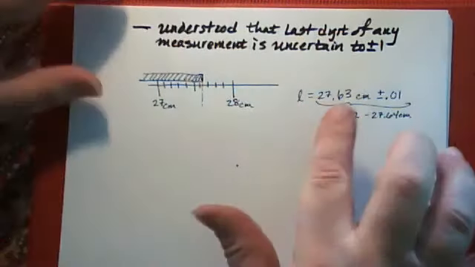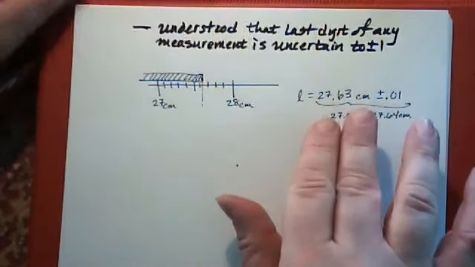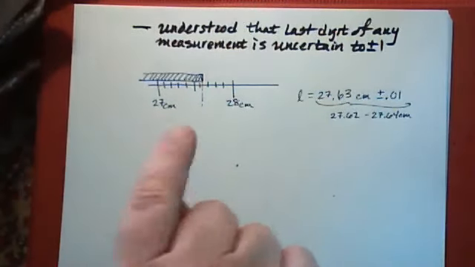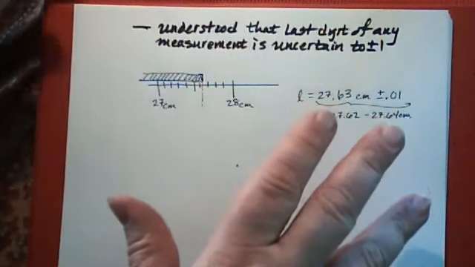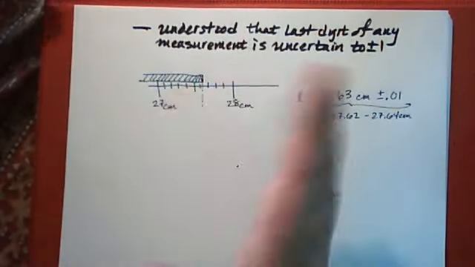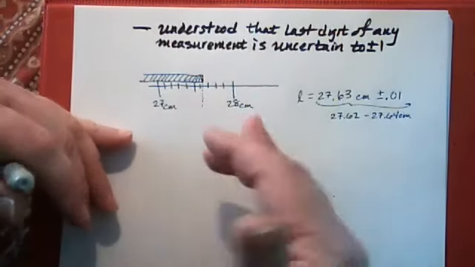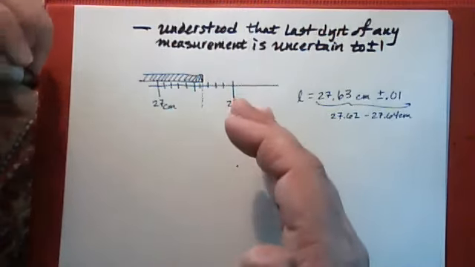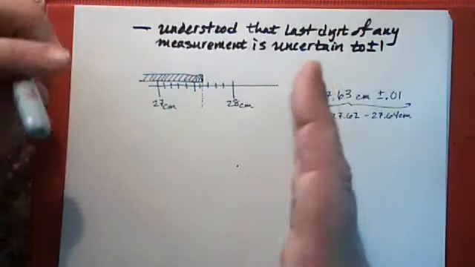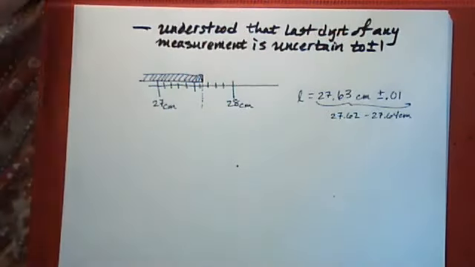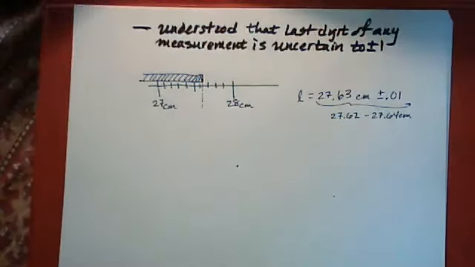And that is actually the most accurate way to measure the length of the rod, because obviously if we just said 27.6, that's definitely not right, because it's clearly more than 27.6. So we're going to try to estimate how much more. But we can really only estimate with any accuracy to just one place beyond the markings on the ruler. And so that's the way that you do measurements in general.